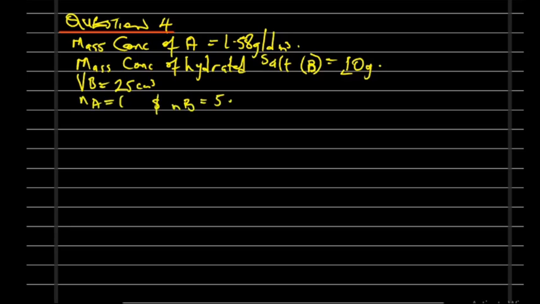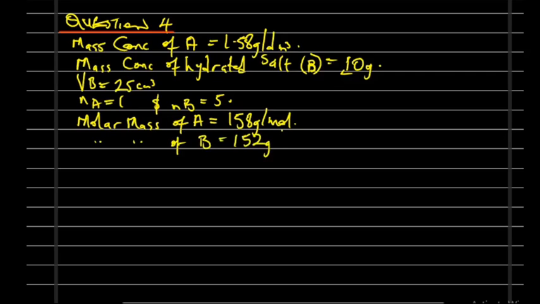Let's quickly note the molar mass of A, which is 158 grams per mole, and the molar mass of B, which is 152 grams per mole. So having all of this, now we go to work on A.